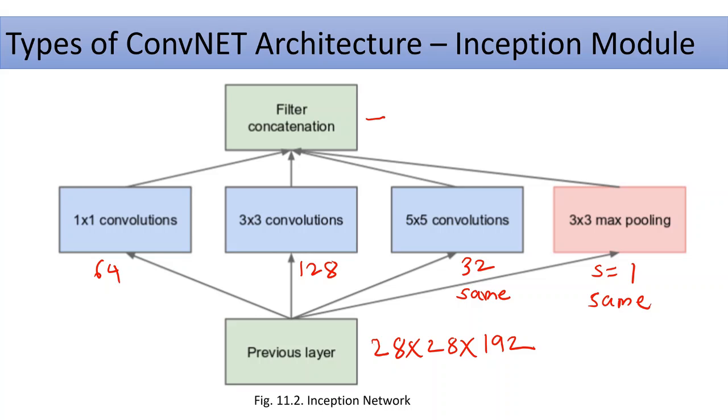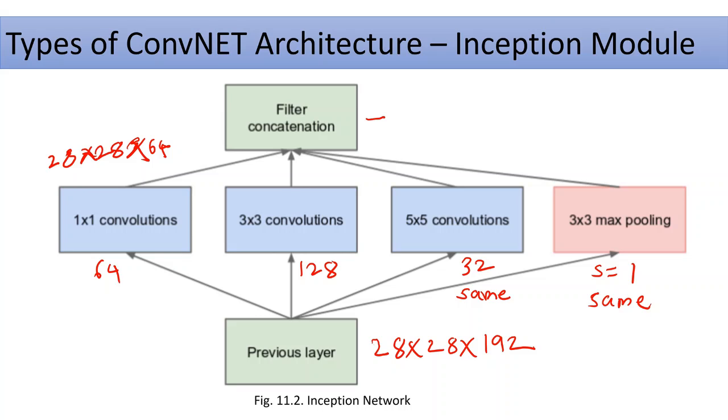So what will be the convolution of the 1 by 1 filter with the previous layer? It will just be 28 by 28, since we are using same padding, of course. And then the depth is equal to the number of filters that we use, so that will be 64.